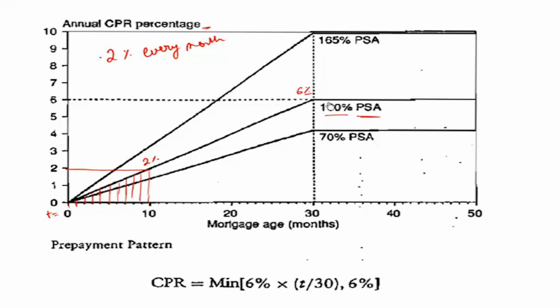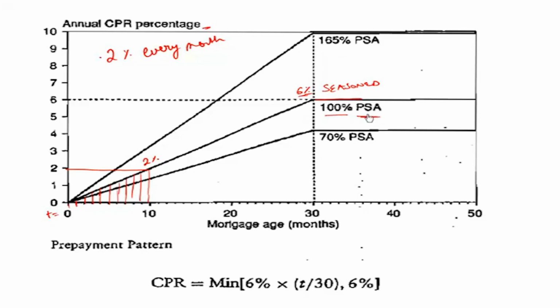Henceforth, the prepayment rate doesn't come down. It just becomes constant. So this is when we say that the loan has seasoned, or prepayments don't increase henceforth. So after this, prepayments keep happening, but at the rate of 6%. This is the average prepayment value and is referred to as 100% PSA.